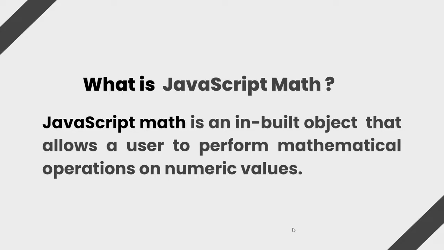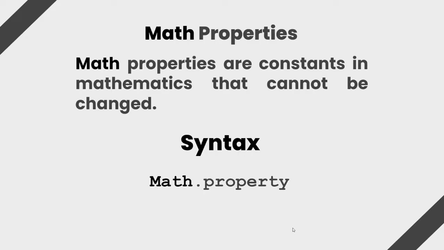So very briefly, we have the math properties. And these properties here are constants in mathematics that cannot be changed. So many of us might remember that in mathematics, there are actually some constant values that can never be changed.